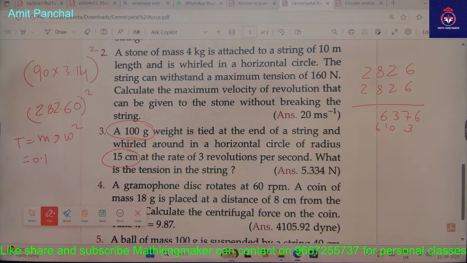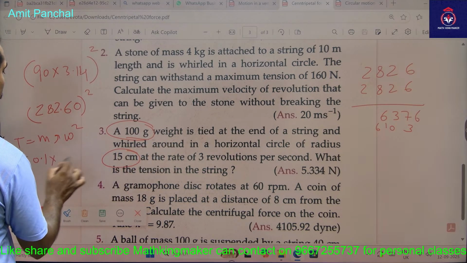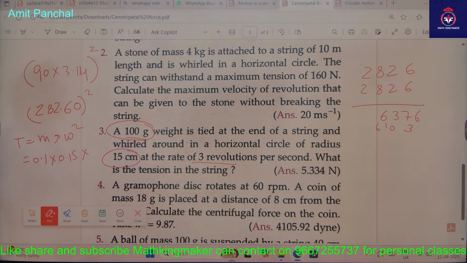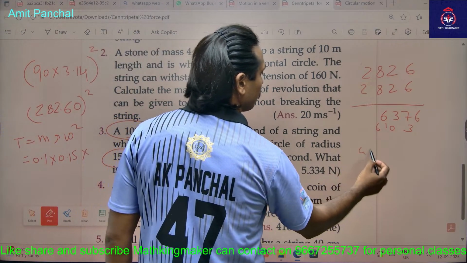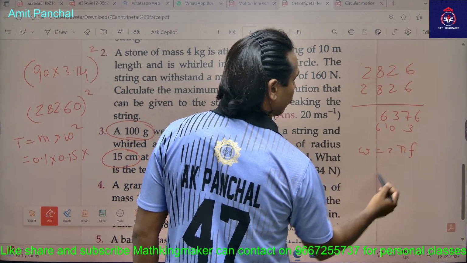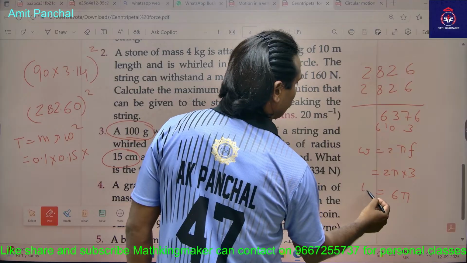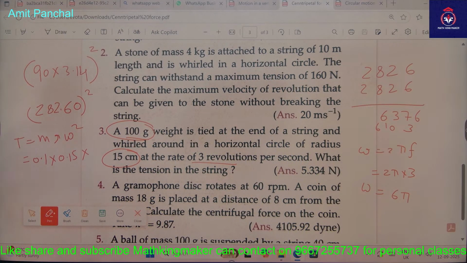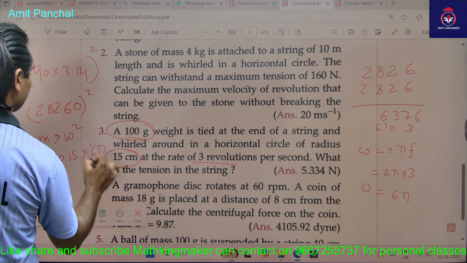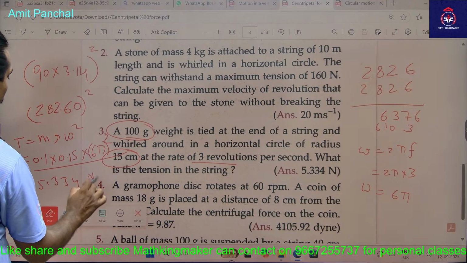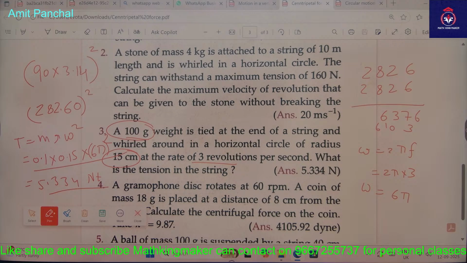And R is 15 centimeter, 0.15. Rate of revolution is 3 revolutions per second. So omega is 2 pi n, or 2 pi f. So 2 pi into f is 3, so that is 6 pi. So omega is 6 pi. If you just multiply all these, you will get 5.334 Newton. Understood the concept? Yes. Okay, very nice.